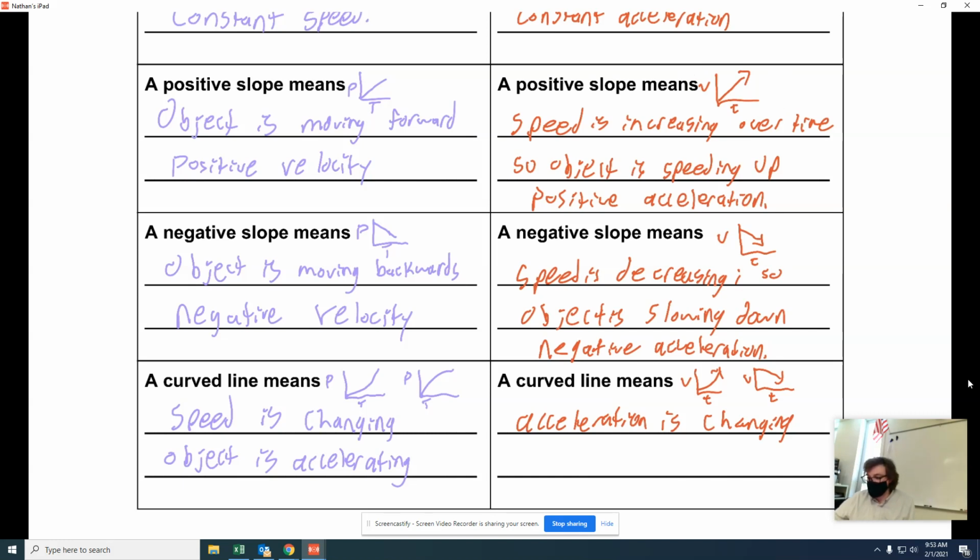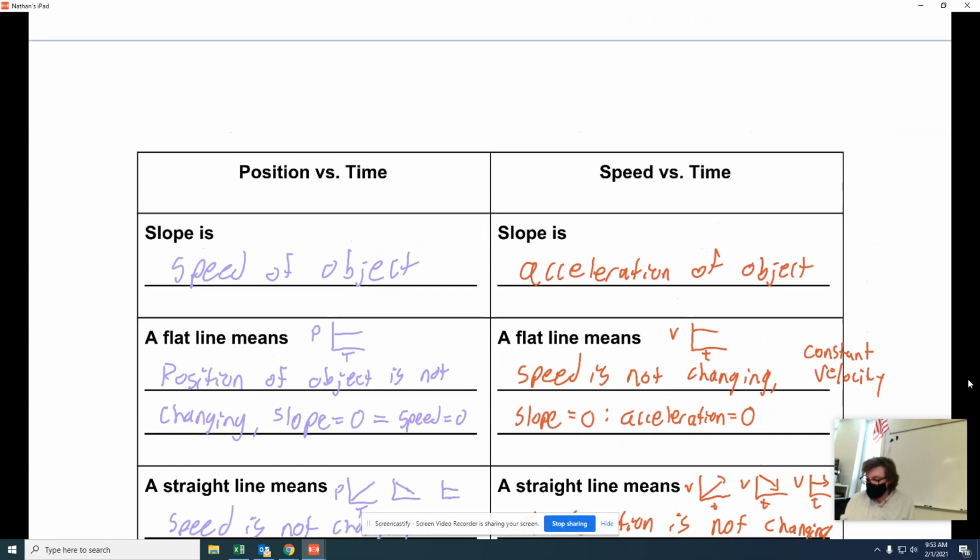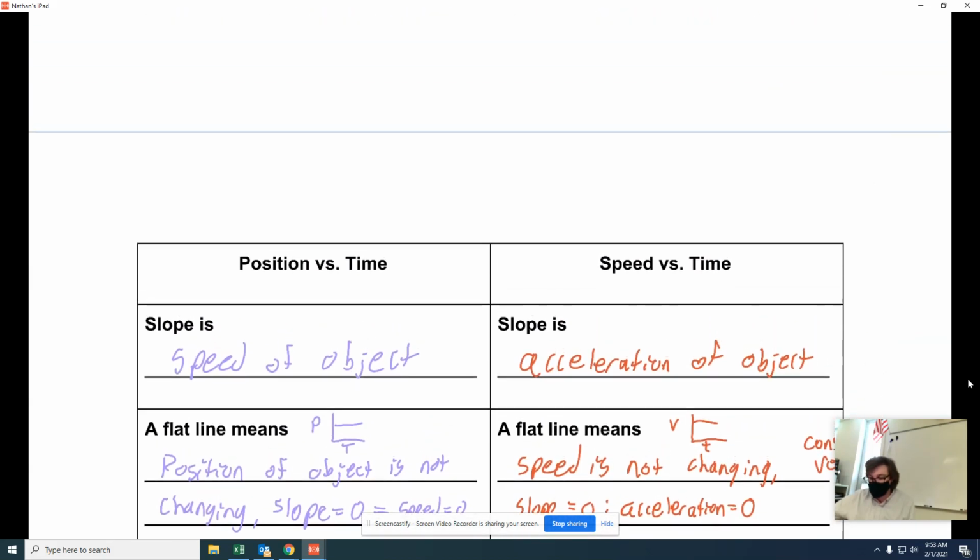But you're going to end up drawing 8 different graphs. 4 of them will be position versus time graphs, just like we have here. And then 4 of them will be speed or velocity versus time graphs. So go ahead and try to sketch those graphs out, and then you can upload a picture of your work, and that will unlock the key for you, and then you're done with today's virtual day.